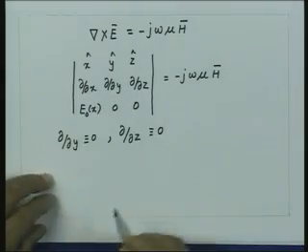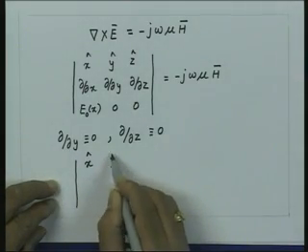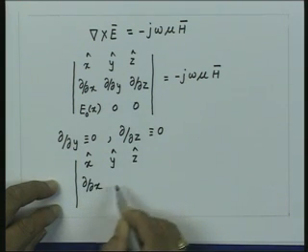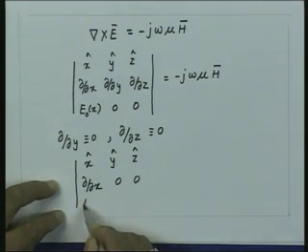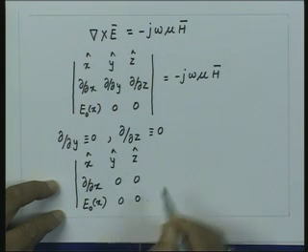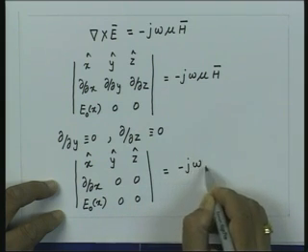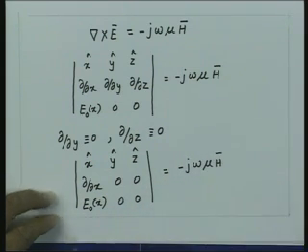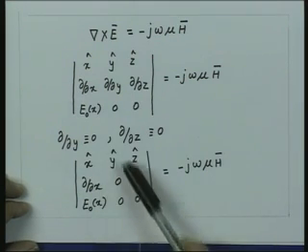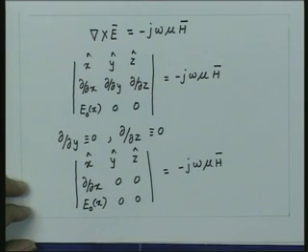If I substitute into this equation x y z, d by dx 0 0, E0 x 0 0, that will be equal to minus j omega mu into h. Now this determinant is 0.